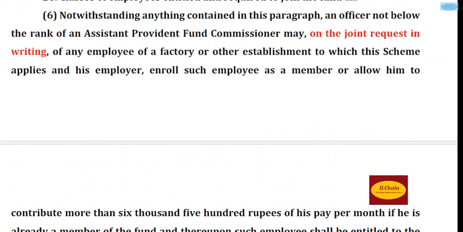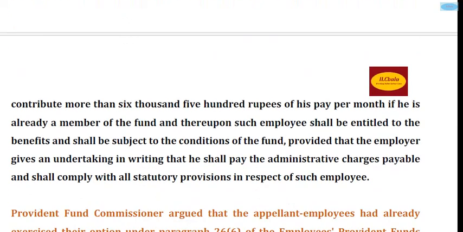So this is primarily to deal with what? Provident fund contribution. So you can make higher contributions also.